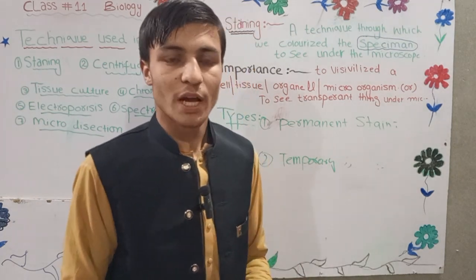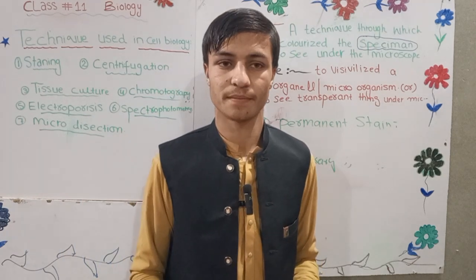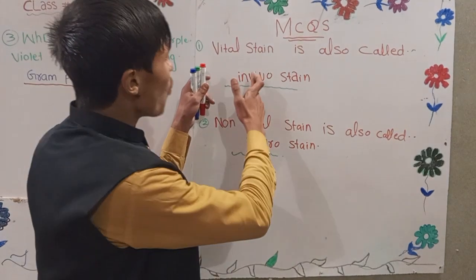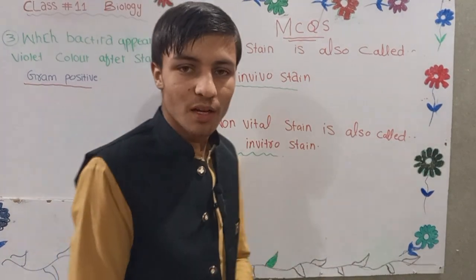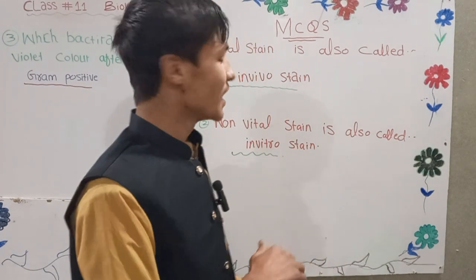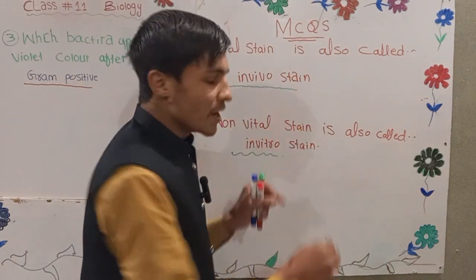So now come to MCQs related to the staining process. MCQ number 1: vital stain is also called what? This is a very important MCQ for the MDCAT test that you must remember. Vital stain is also called in vivo stain.